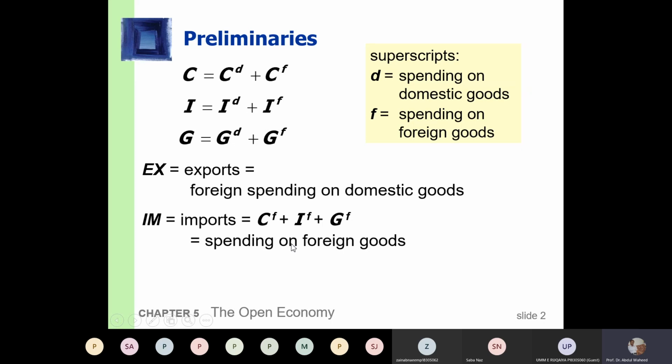And we are also making expenditures on domestically produced goods. This difference, export minus imports, is net export. So foreign spending on domestic goods minus the spending on foreign goods is the net export, and this is also called trade balance.